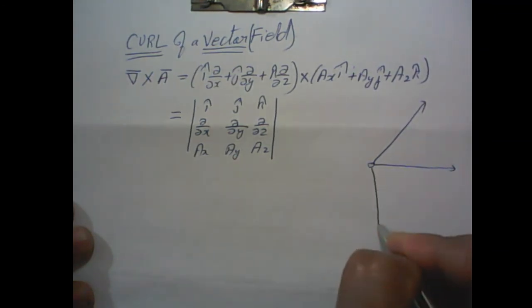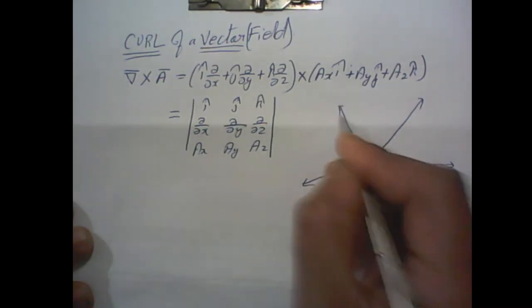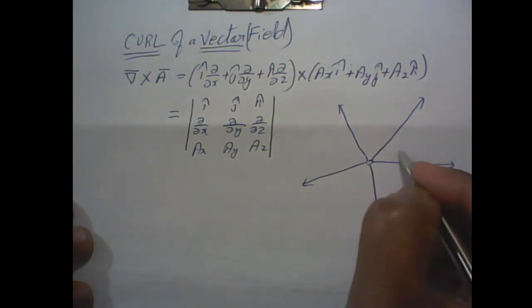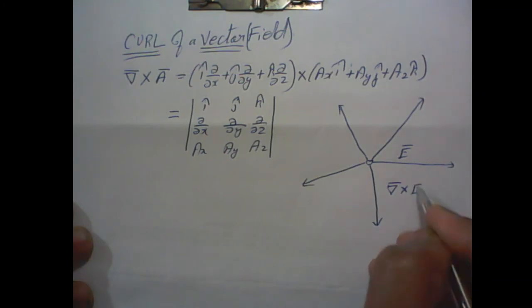So if I find out the curl of the electric field, you should be able to tell me: because it is straight, at any point they don't go round. So for the electric field, the curl should not exist. There is no curl. It should be equal to 0. But for a magnetic field, there is finite curl. So that is the significance of the curl of a vector field.